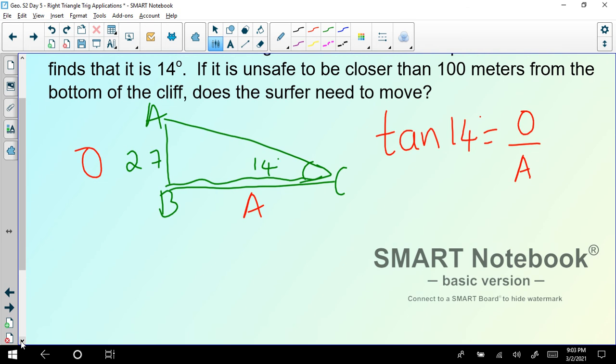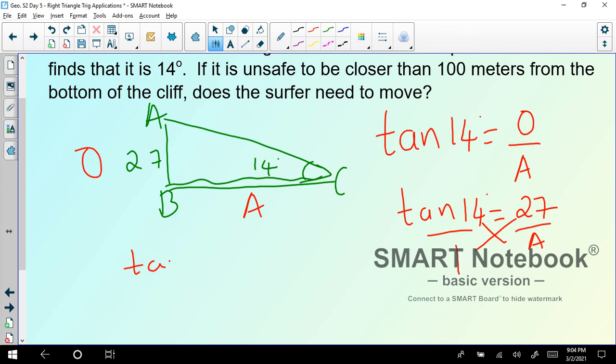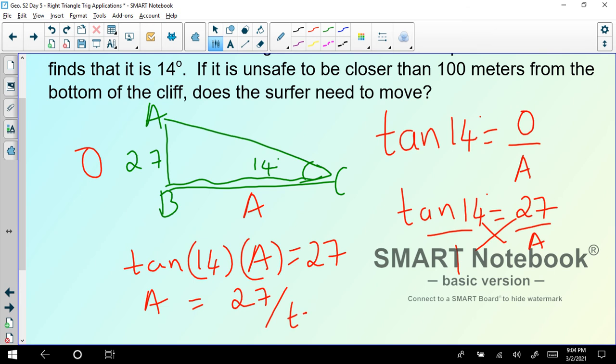Substituting, tan 14 degrees equals 27 over the adjacent, which we don't know. Cross multiplying, tan 14 times adjacent equals 27. Dividing by tan 14 on both sides, adjacent side equals 27 over tan 14 degrees.